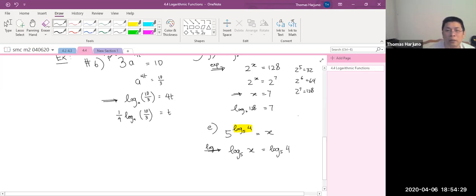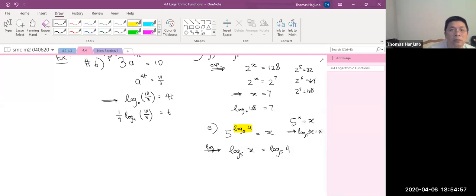It's like 5 to the blah equals x means log base 5 of x equals blah. That's what I did here. Now then, by one-to-oneness, we see that x equals 4.